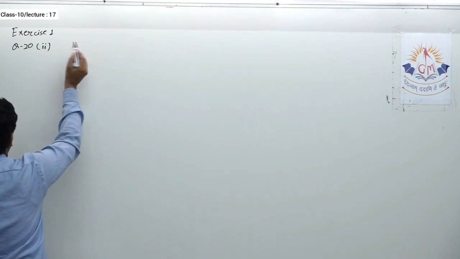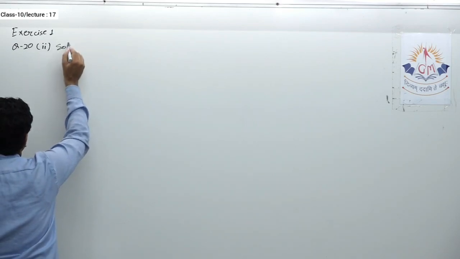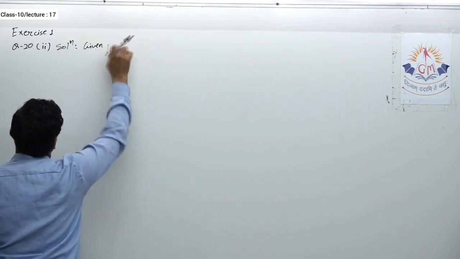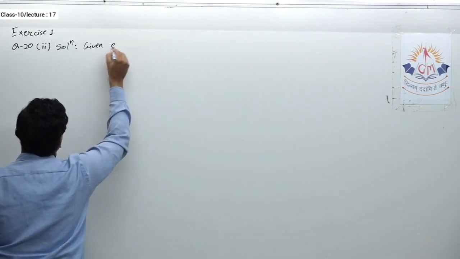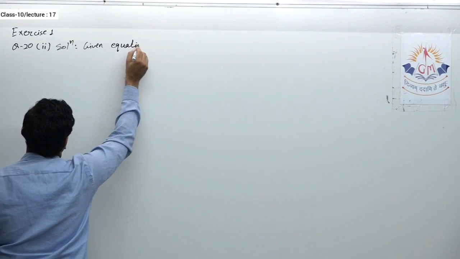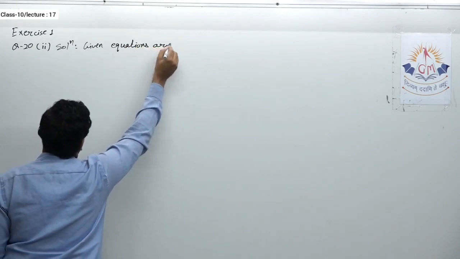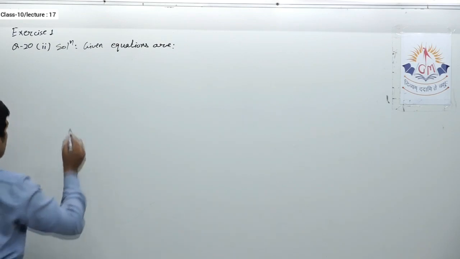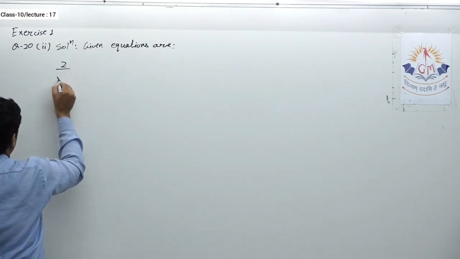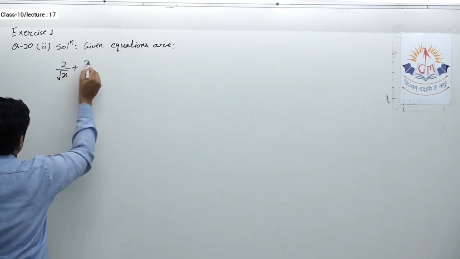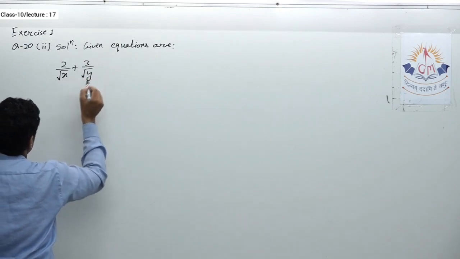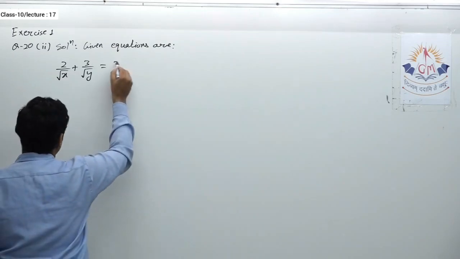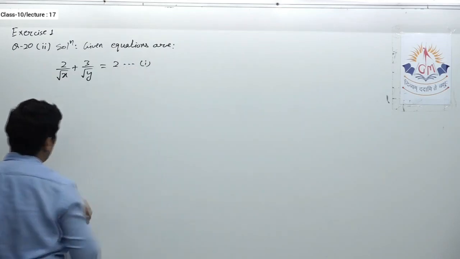Given equations are: 2 upon root x plus 3 upon root y is equal to 2. Let this be equation number 1.